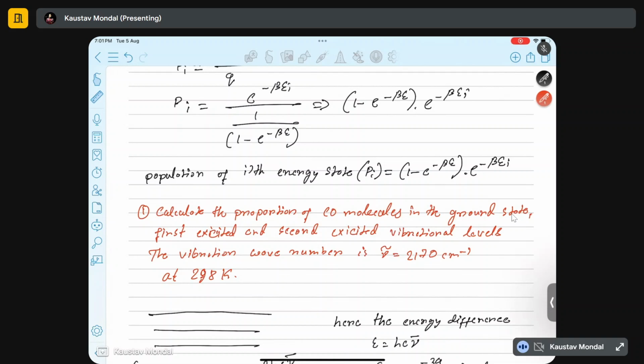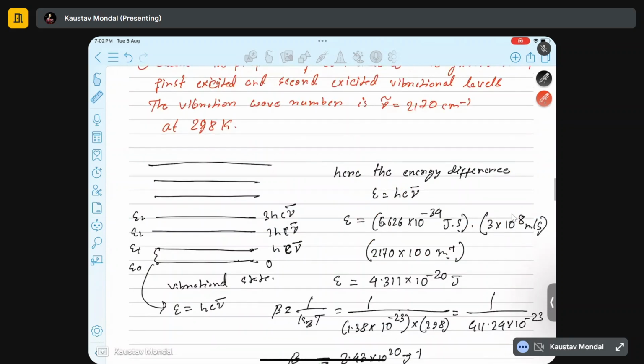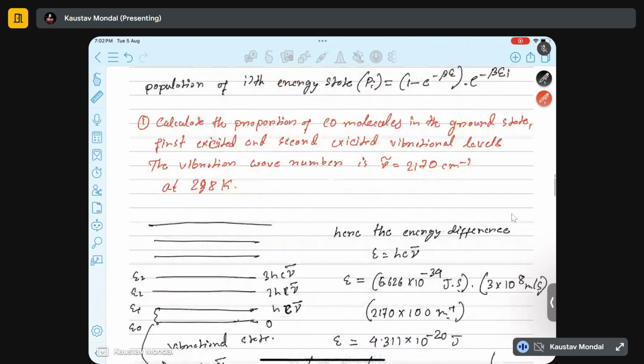At moderate or low temperature, the system distributes itself into higher rotational and translational energy states, but at low temperature the system doesn't tend to go to the higher vibrational states. This is only possible at high temperature. Here the same thing we have seen in these two problems.